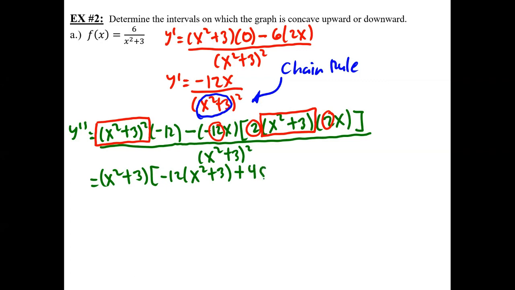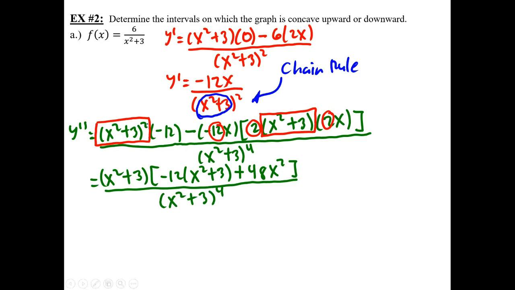So we have 48x squared all over, I'm sorry, it's not squared here in the denominator. So x squared plus 3 raised to 4.